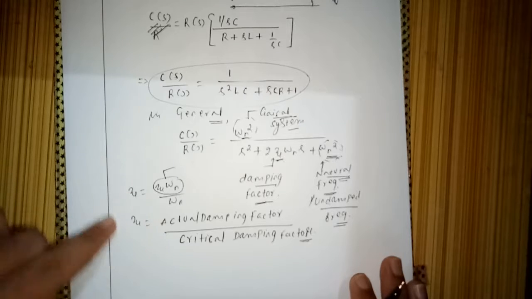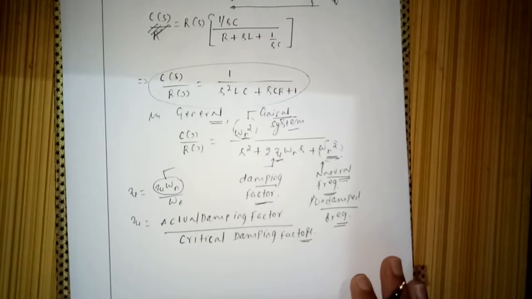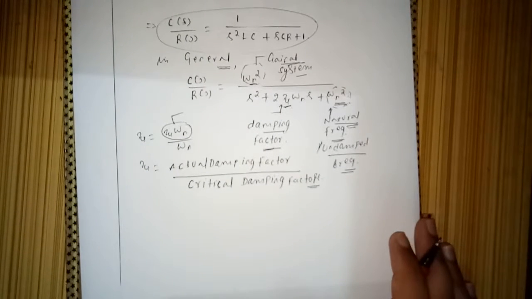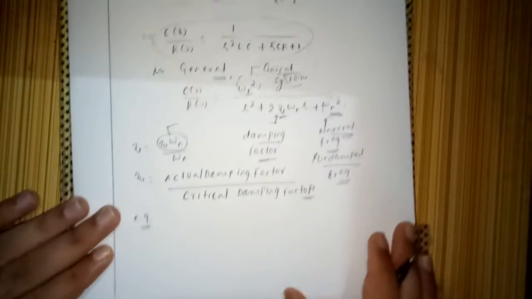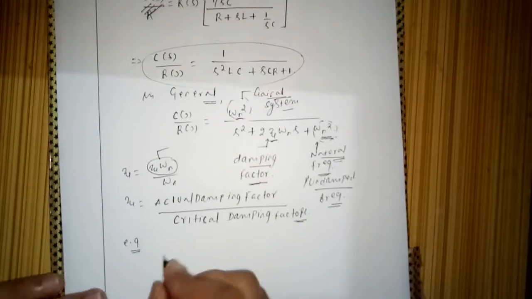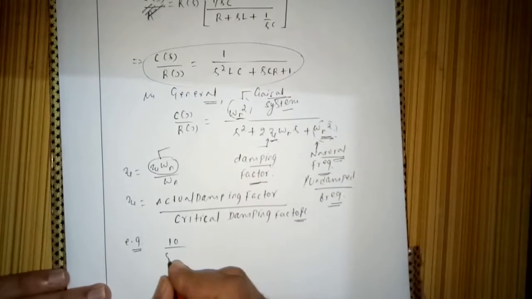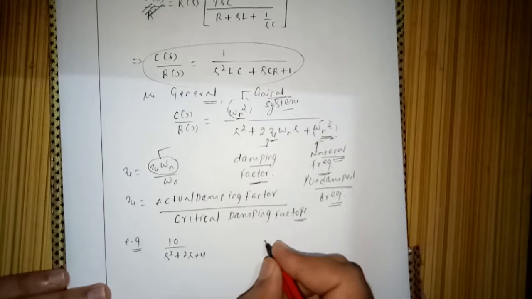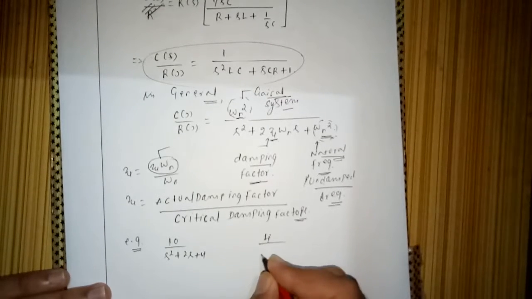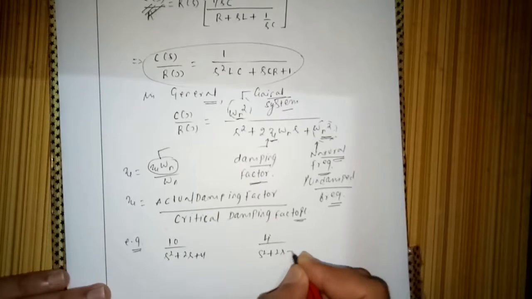Zeta is one of the very important characteristics in time response analysis, right? And let me give an example differentiating these two terms, like 10 upon s square plus 2s plus 4, and the second one is 4 upon s square plus 2s plus 4.